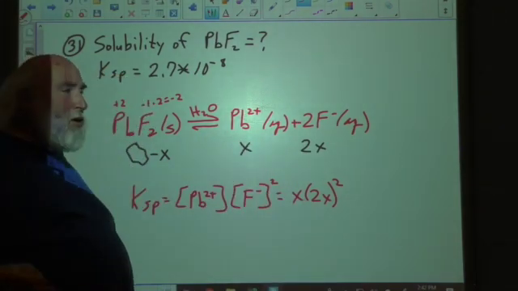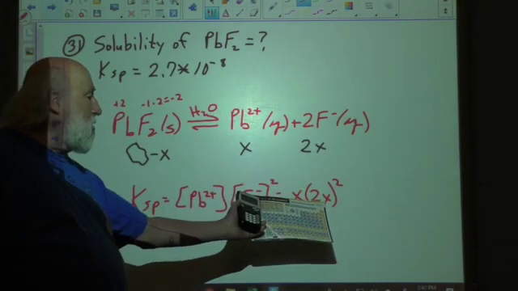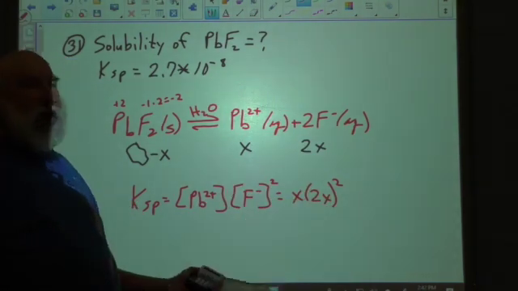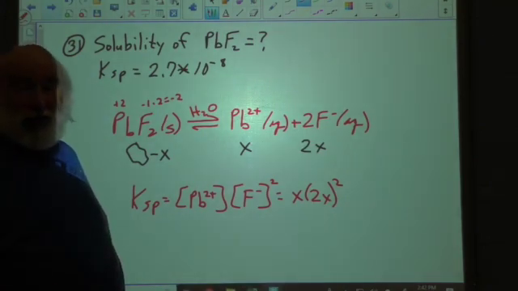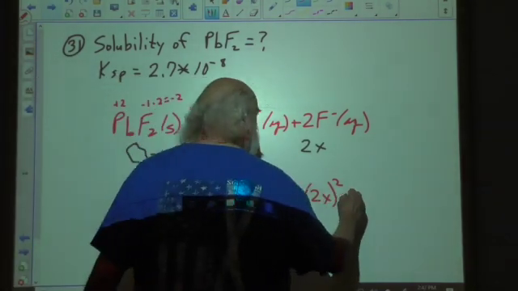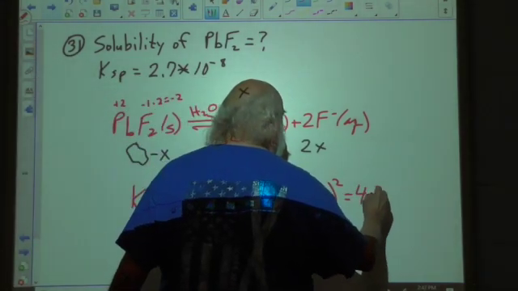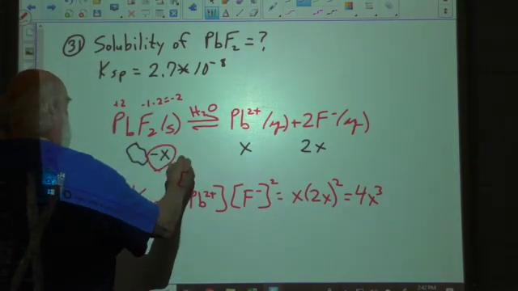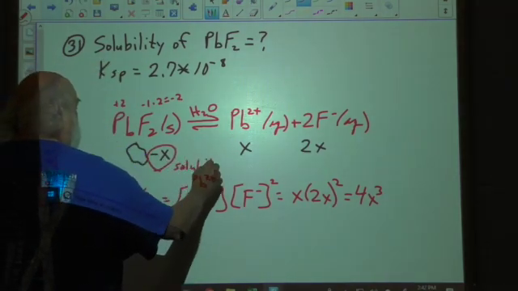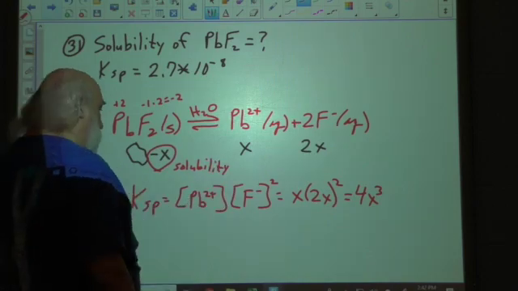It's unbelievable. You have to square not just the X, but also the 2. That's 4X squared times X. There's like two areas of screwing uppiness. That's a new word. And this gives us 4X cubed. And we want to solve for X, because X is the solubility, how much actually dissolves in water.